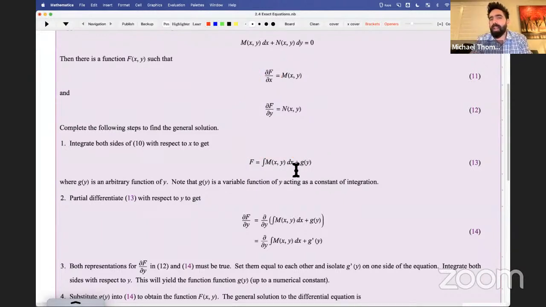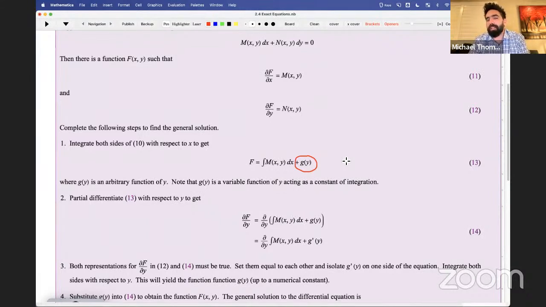Now, something funny is happening. Normally, there would be a plus c, and the plus c comes from both sides of the equation. You absorb it on one side. But in this case, you'll notice there's a plus g of y. So what's going on there? Well, the g of y is kind of like our arbitrary constant.